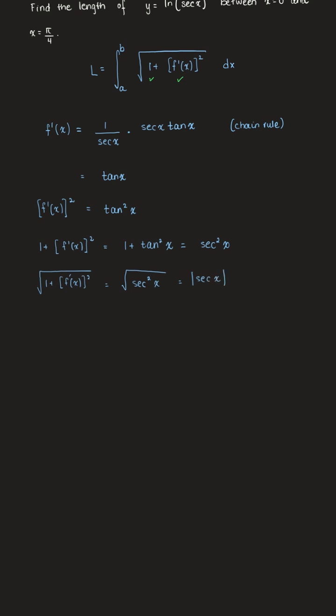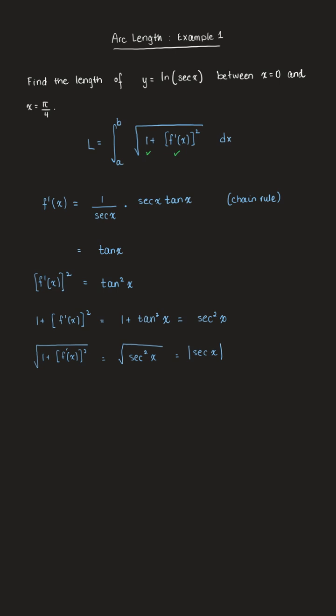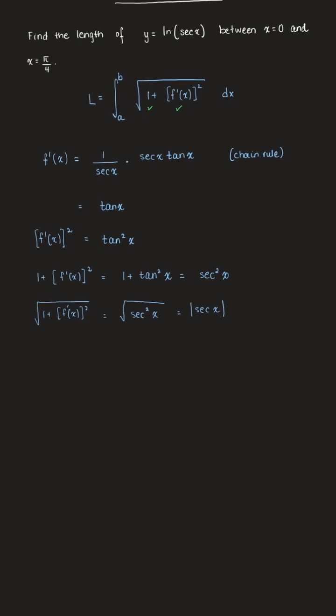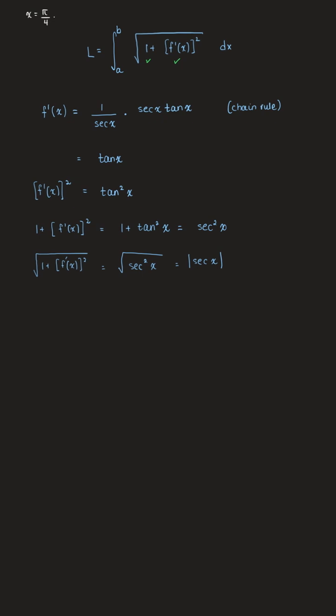However, when x is between 0 and pi over 4, which is the interval that we're interested in, secant is always positive there because cosine is always positive between 0 and pi over 4, so ultimately we do not need the absolute value.